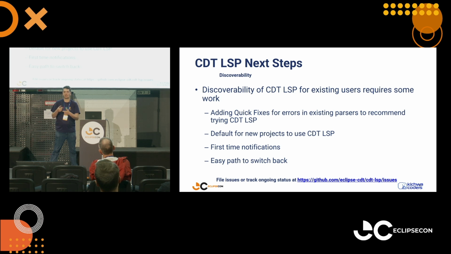Change this project to CDT LSP, or reopen this file with the CDT LSP editor. We're also going to make new projects using CDT LSP and put some first-time notifications in there. We also want to make sure it's easy to switch back. We want a user to try out CDT LSP, but if it doesn't work in their use case, we don't want to leave them with a broken setup.